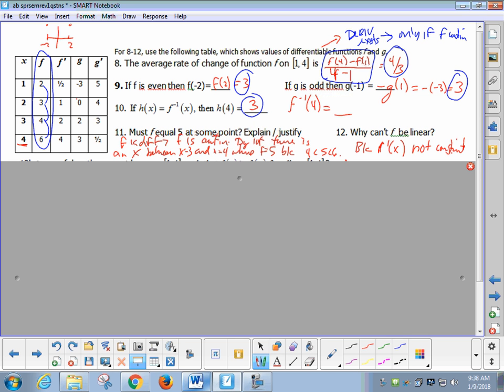If f is linear, then f prime should always be the same, constant. If you have a linear function, then the derivative should always be m, the slope, always the same. And you can see that f prime is not always the same at all values, and so it cannot be linear. Cool?